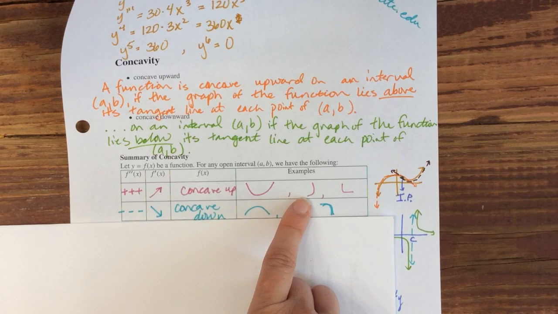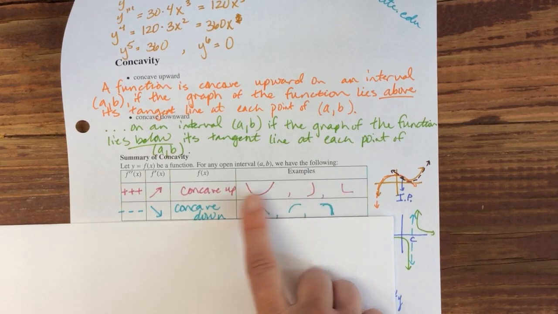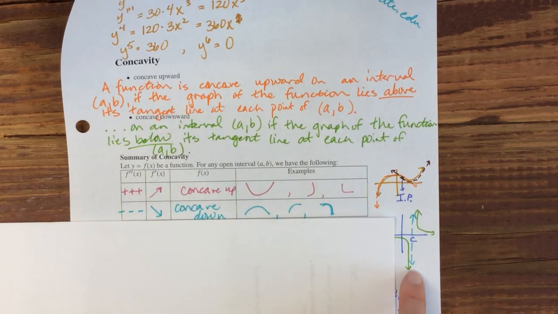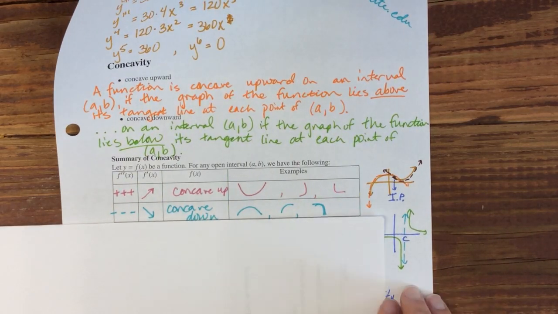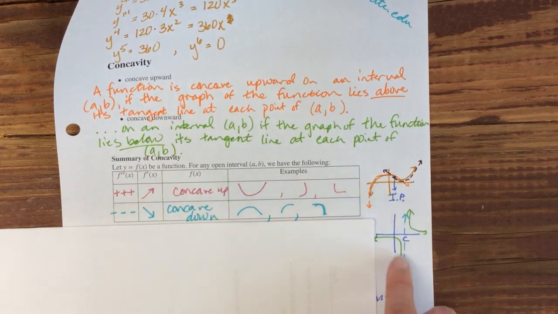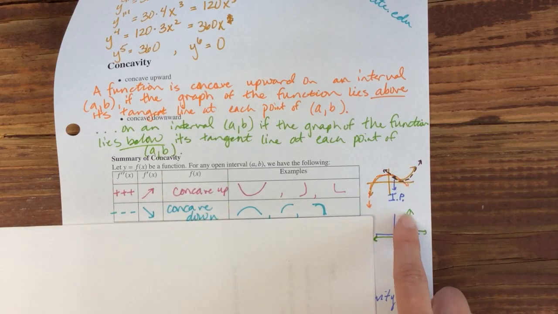Okay, and then here are the different examples of the concavity. Basically, you have this bowl, and you can have the bowl in sections, right? Because that's what this picture is right here, to show you that it doesn't necessarily have to be a fluid function or graph. Remember, you can have something broken up like a rational, to where here this is concave up and this is concave down.